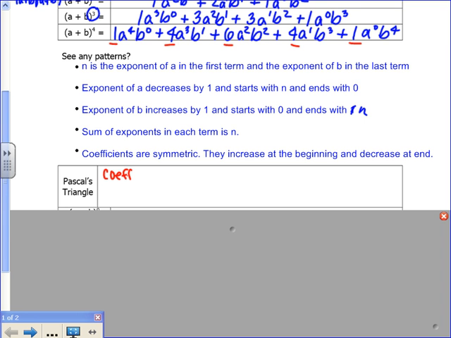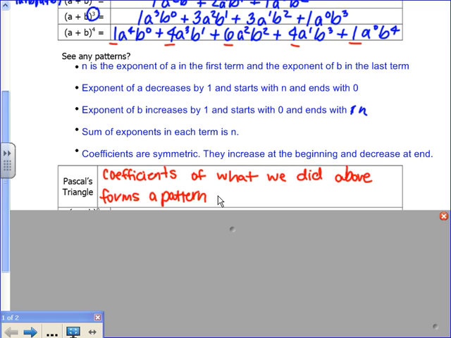The coefficients, in other words, the numbers found in front of the variables of what we did above by expanding out those binomials, form a pattern often displayed in a triangle, specifically called Pascal's triangle.